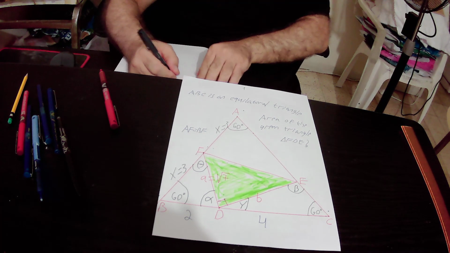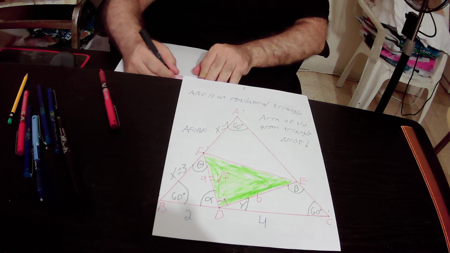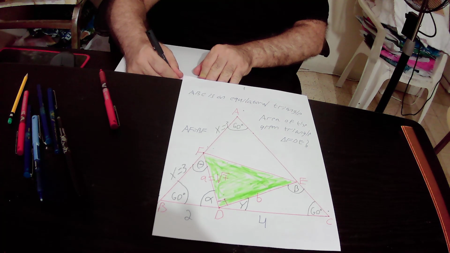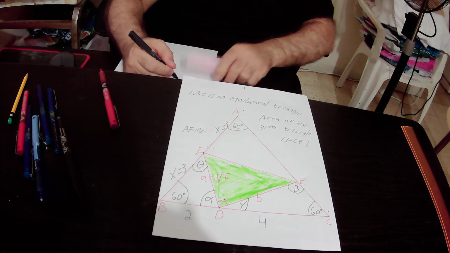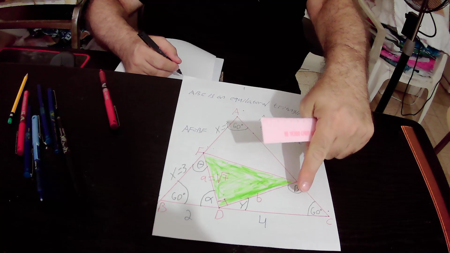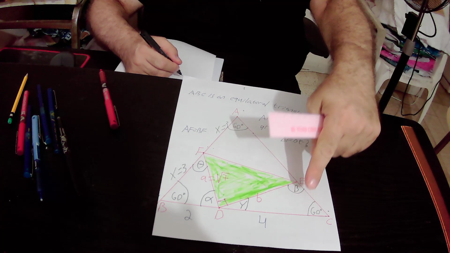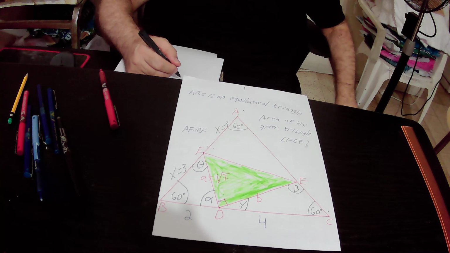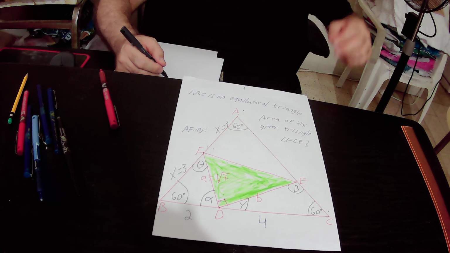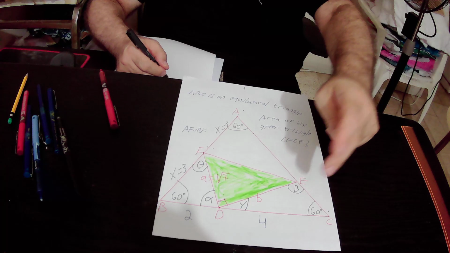And the second equation states that the sum of the angles in triangle EDC equals 180 degrees. So what are the angles of triangle EDC?